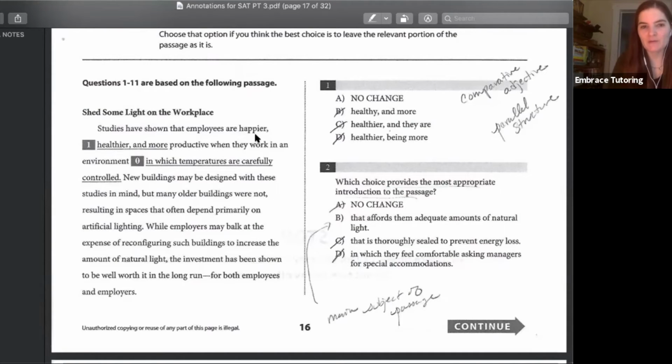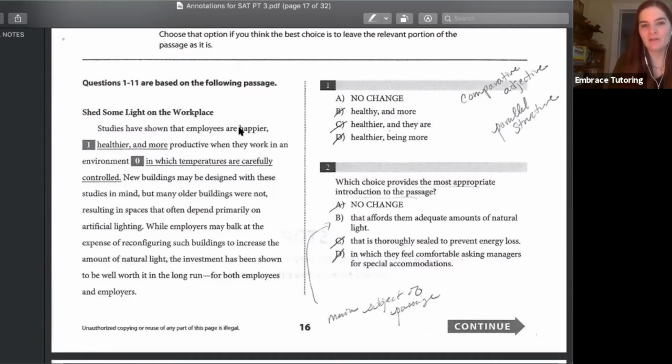So we kind of talked about this earlier, but you need each of these adjectives that are matching. They need to be in the same form. That's what they mean by parallel structure, especially because they're basically set off in a series. So you have a series of adjectives that are setting up like a list, basically.